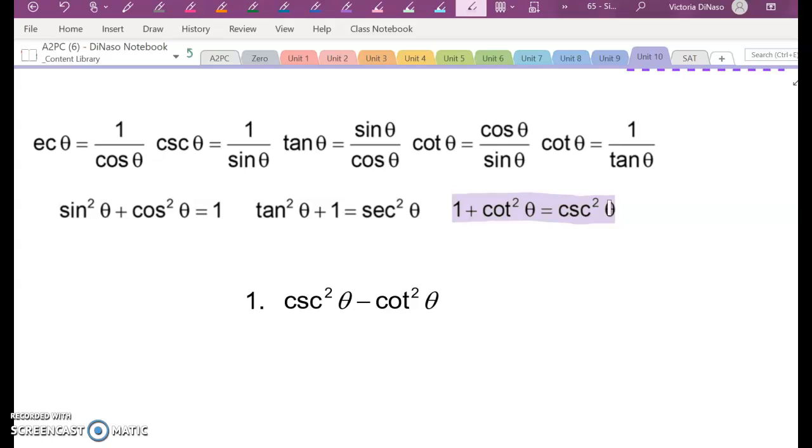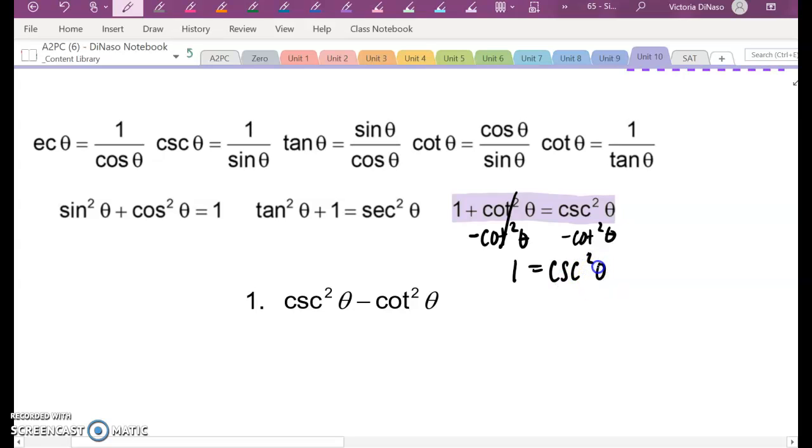So it looks like cosecant squared is positive, so I'm going to keep it positive on the right-hand side. If I move the cotangent over with subtraction, now I have 1 equals cosecant squared theta minus cotangent squared theta.